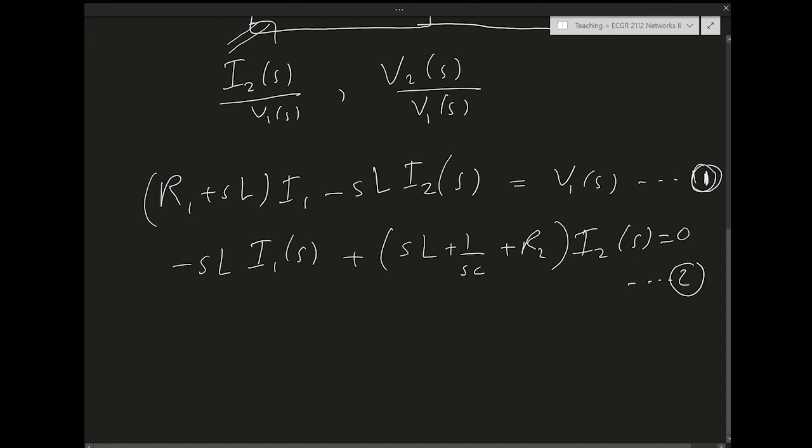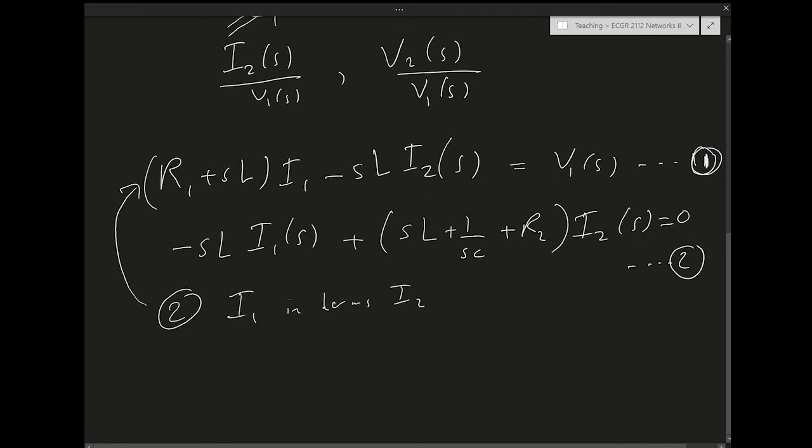It's a little bit cumbersome, especially when you're doing it symbolically, but it works. So my strategy here is to use equation 2 to write I1 in terms of I2, and then substitute that I1 into equation 1, right? And that allows me to get a solution for I2.